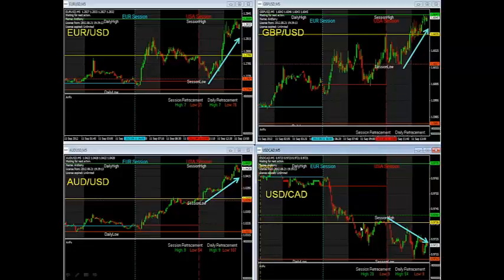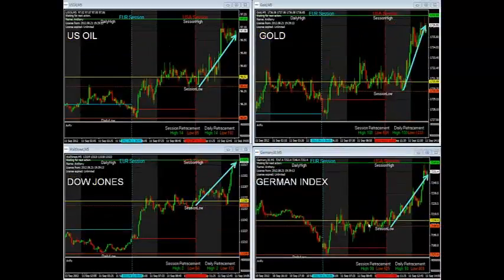Now, before we let you go, take a look at this next example. Here we have the price of oil, gold, the Dow Jones, and the German index. Not only do currency pairs trade in the same direction at times, and there's a correlation amongst them, but also, as you saw the Euro USD moving higher, you see oil moving in the same direction.